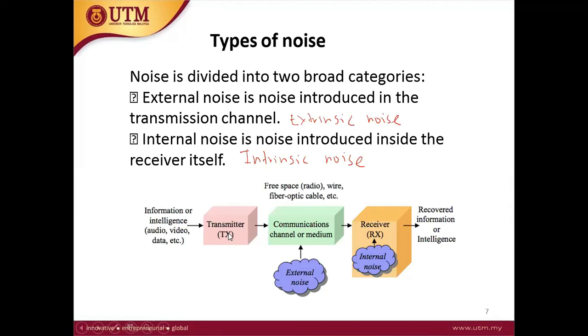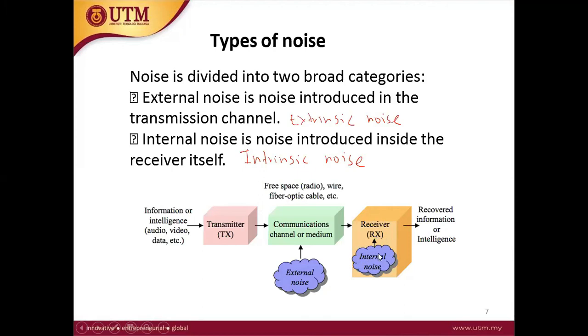You can see in this example, we have a transmitter receiving an input. Of course, there is some internal noise in the transmitter, and when it is sent into the medium for transmission, the medium can be open space, wired, or wireless. It introduces extrinsic noise. We will look into the types of this noise.